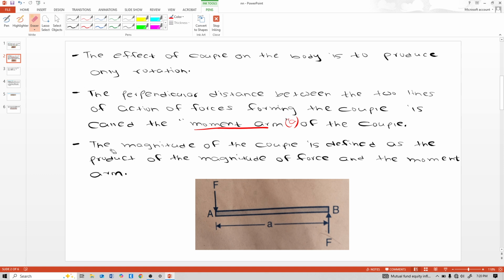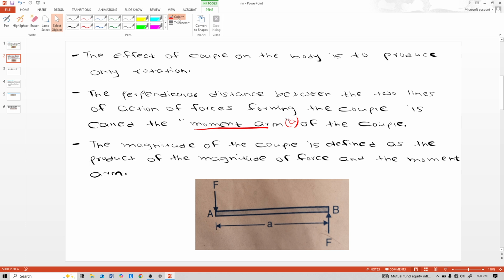The next bullet point is: the magnitude of the couple is defined as the product of the magnitude of force and the moment arm. So see this. The magnitude of couple is defined as the product of the magnitude of force and moment arm.